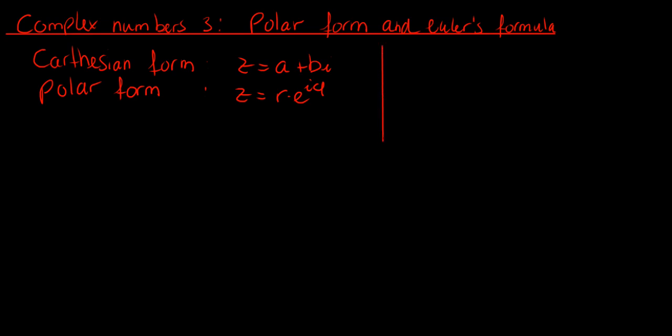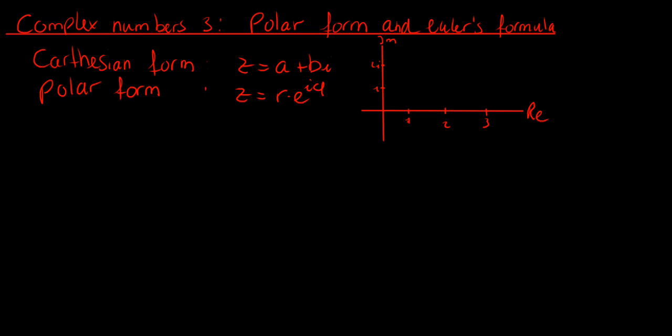If we look at the complex plane, just at the positives of the real and the imaginary axis, we have 1 here, we have 2, 3, here we have i, and here we have 2i.